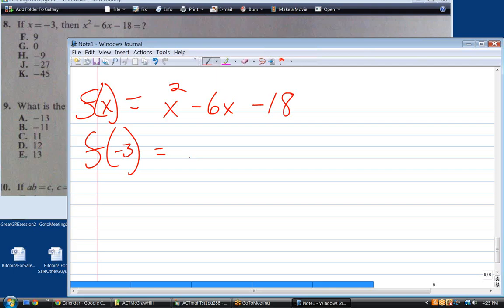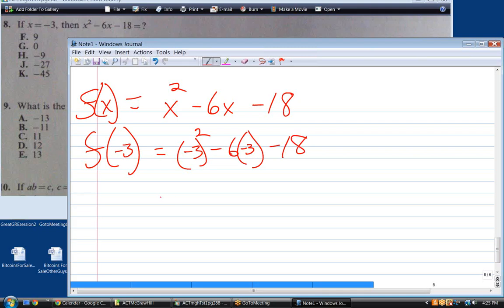The easiest way to do these, don't skip any steps at all. Just go in and plug in minus 3 for x in parentheses. Okay, so minus 3 squared minus 6 times minus 3 minus 18. Okay, that's your first step.